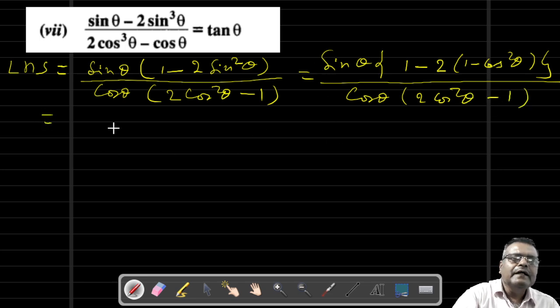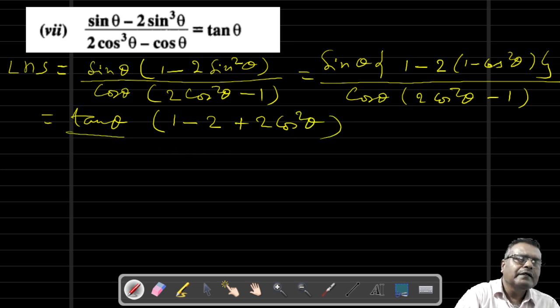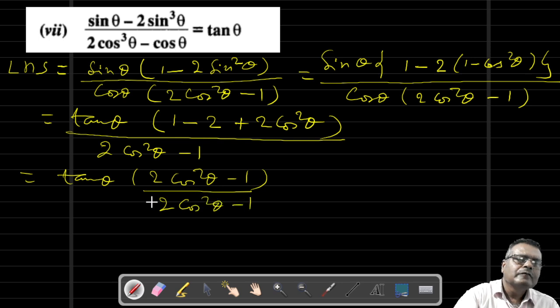So, sin theta divided by cos theta is tan theta. You are getting 1 minus 2 plus 2 cos square theta divided by 2 cos square theta minus 1. So you are getting now tan theta into 2 cos square theta minus 1 divided by 2 cos square theta minus 1. Its value you will get tan theta. This is equal to RHS.